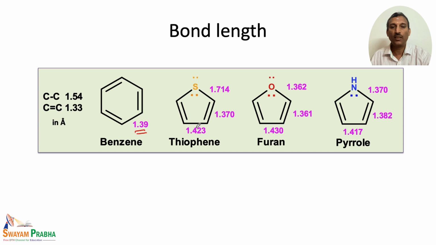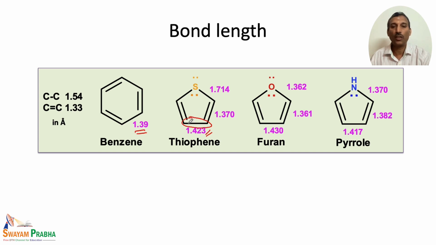So this is actually a single bond. If we look at the normal single bond, it is 1.54 angstrom, whereas in the case of thiophene, furan or pyrrole, this particular bond, which is actually the single bond, is much shorter in length. That is due to the delocalization of the pi electron.